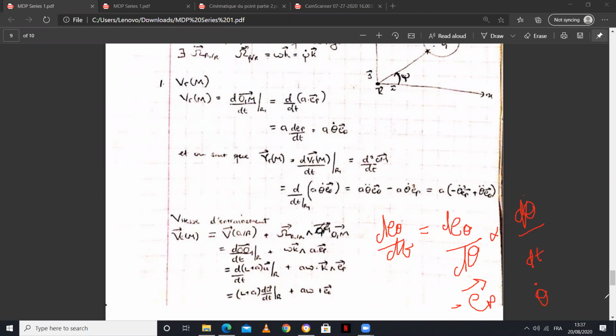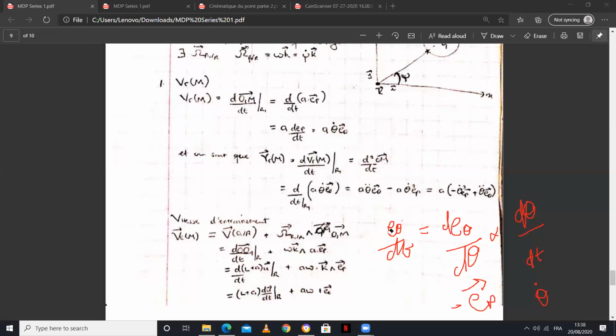So this theta point multiplied by the theta point that's already there, you get theta point carré suivant e rho, with the minus. Your final answer is a outside: minus theta point carré suivant e rho plus theta 2 point suivant e theta, as your gamma relative.